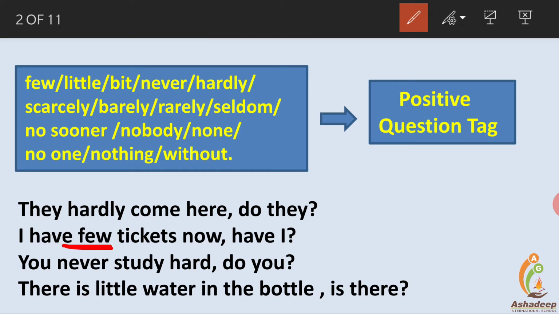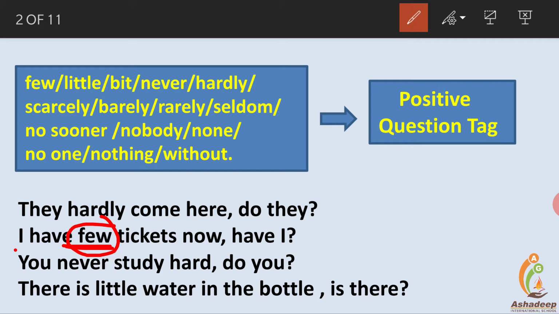Next, I have few tickets. Now, how many tickets do I have? Almost none. Few gives negative meaning. Friends, few, not a few. A few gives positive meaning. A few tickets means more than one, there is something. It gives positive meaning.